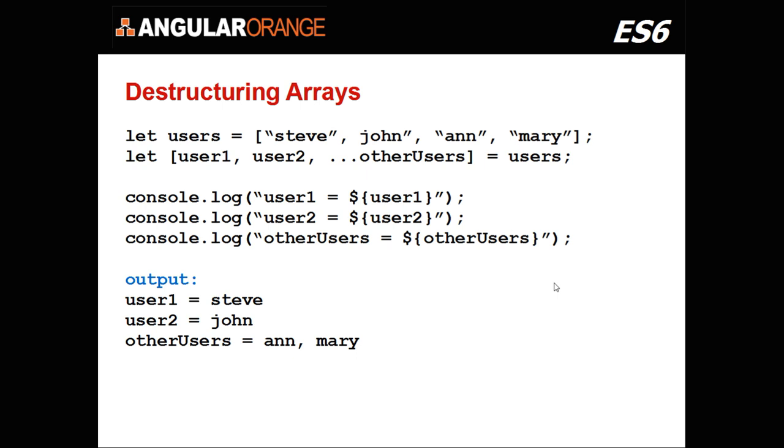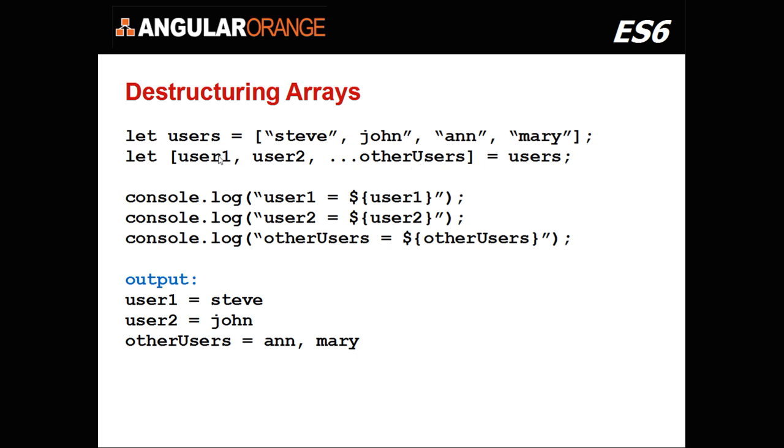Okay, and here's something really nice. You could destructure arrays. So suppose you have an array and you let users equal the array. You could also say let user1 and user2 and use the triple dot notation otherUsers to create a collection of the remaining users.